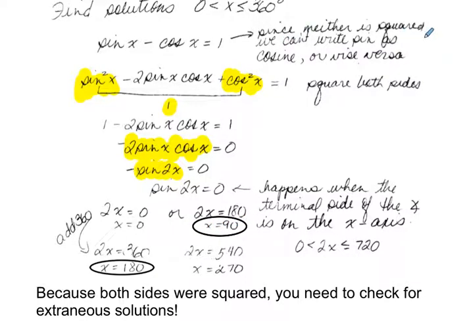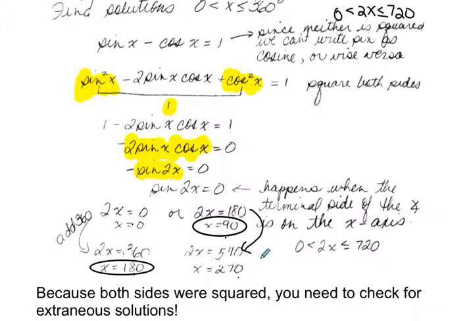Now, notice that x was between 0 and 360, but 2x is between 0 and 720. So to each of these, I have to add another 360 degrees. So that will also be true when I hit 360 and when I hit 540. Again, I divide all of these by 2, and I end up with x equals 0, x equals 90, x equals 180, and x equals 270.